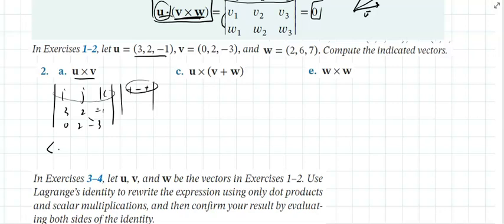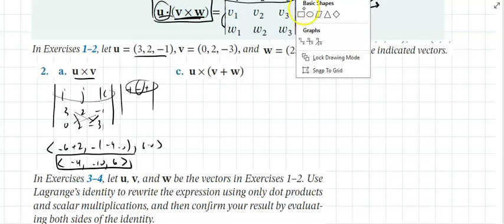It'll be negative 6 minus a negative 2, plus 2. The j will always pick a negative, negative 9 minus 0, and the k component would be a 6 minus 0. Or I could simply say it is negative 4, negative 10, and 6. If you dot this with either of those two vectors, you'll get a 0.